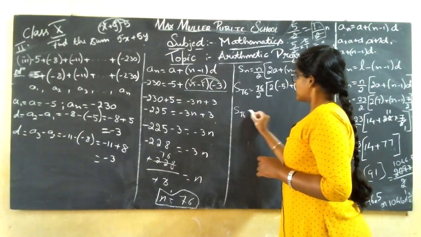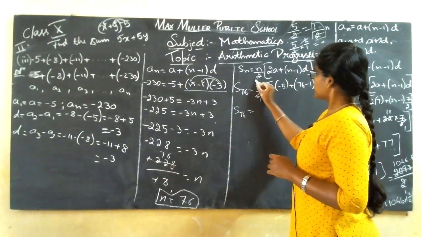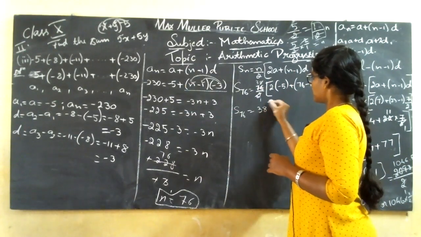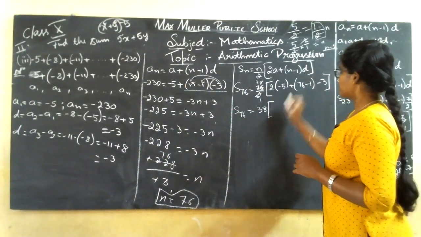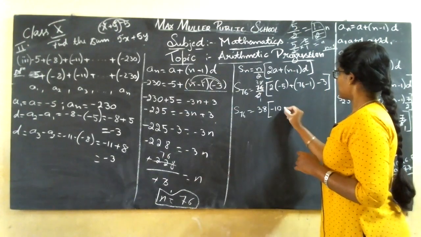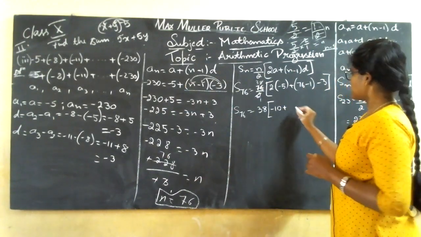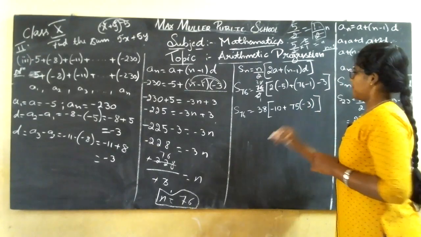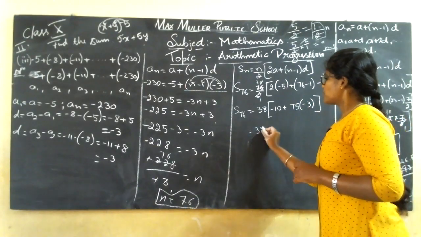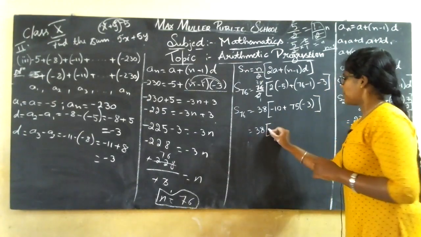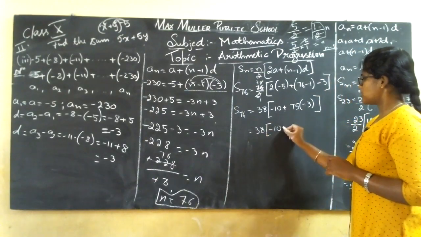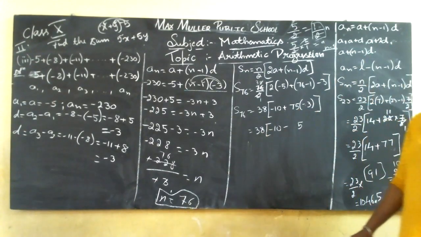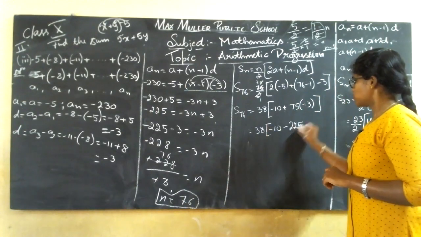S76 is equal to 38, 2 5s are 10, minus 10 plus 76 minus 1 is 75 into minus 3. So it is 38 into minus 10. Plus into minus is minus, 3 5s are 15, 1 carry, 3 7s are 21 plus 1 is 22.